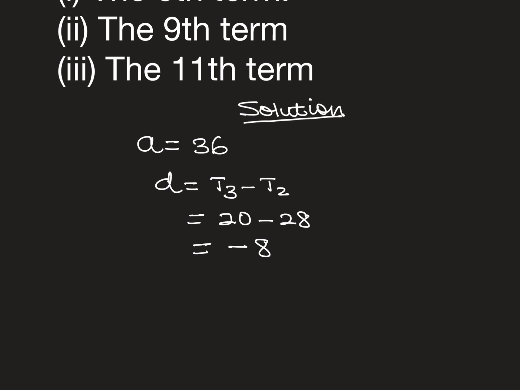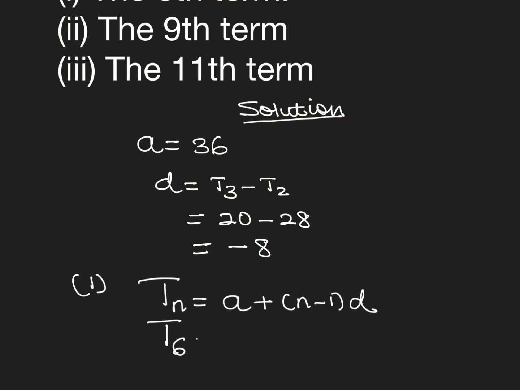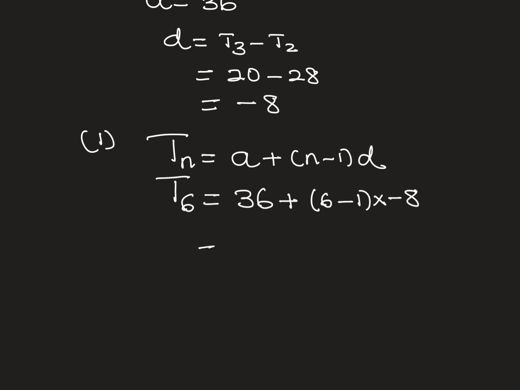Okay, so once I know the first term and the common difference, I can move ahead and answer the question. The first question is the sixth term. So using T sub n is equal to A plus n minus 1 times the difference, the sixth term will be T6 is equal to A, which is 36, plus n, which is 6, minus 1, times the difference, which is minus 8.